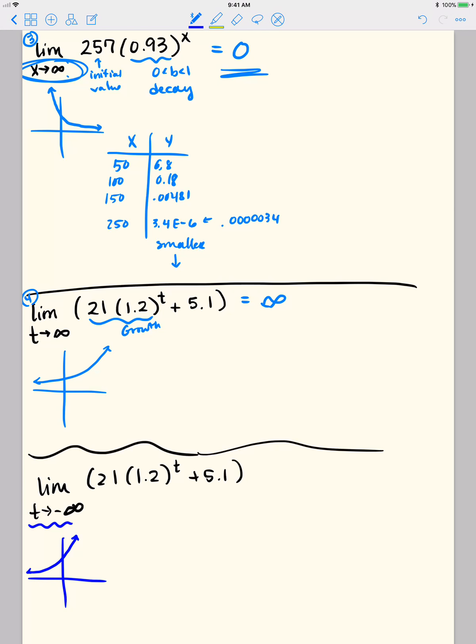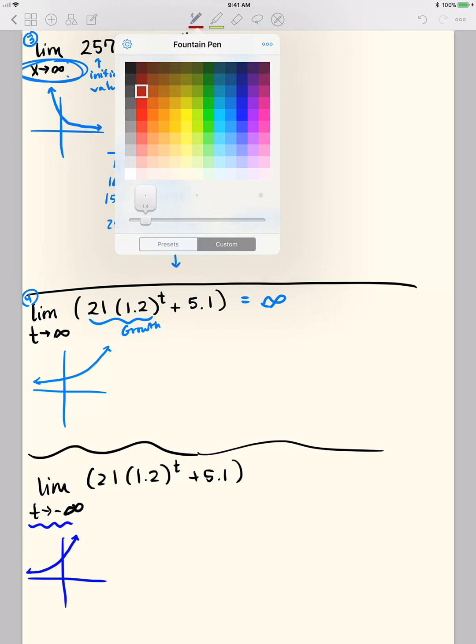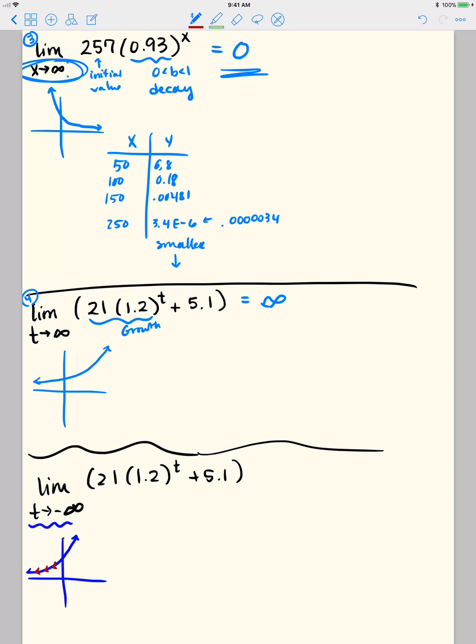But if we look as t approaches negative infinity, that's looking at those t values going more and more left. If you take 21 times 1.2 to a more and more negative power, that portion actually ends up going to 0, because raising a number to a negative power makes it 1 over, right? 1.2 to a negative power would be 1 over 1.2 to a positive power.